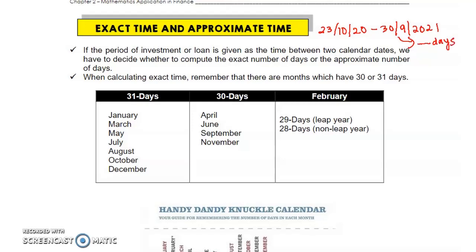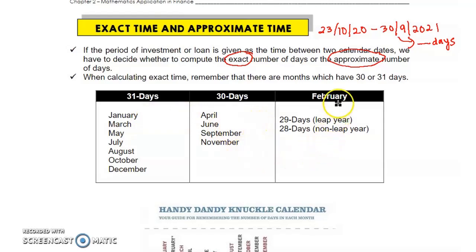Okay, we have to decide whether to compute the exact number of days or the approximate number of days. When calculating exact time, remember that some months have 30 days and some months have 31 days. Months with 31 days are January, March, May, July, August, October, December. 30 days: April, June, September, November.